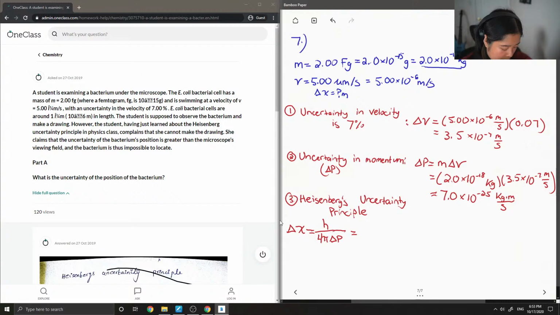So h is Planck's constant. So it's 6.63 times 10 to the negative 34. And its units are kilograms times meters squared over s. Then I'll just plug in everything else we know.